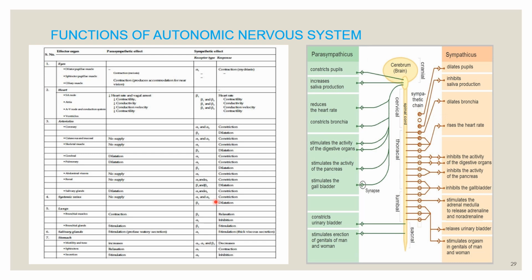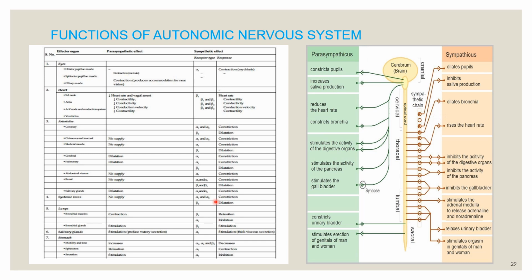Okay, so on the adipose tissue, it causes lipolysis and release of free fatty acids through alpha 1, beta 1 and beta 3 receptors. And through beta 1 receptors on the JG cells, it causes increased renin secretion. And in the pineal gland, through beta 1 receptors, it causes increased melatonin secretion.